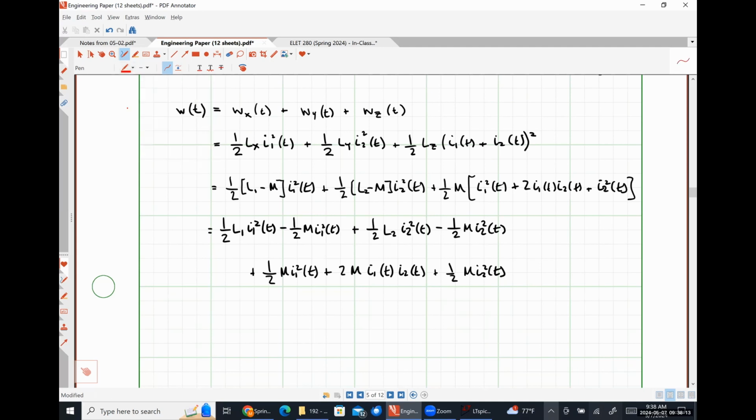So I have a negative 1/2 M I1 squared here and a positive 1/2 M I1 squared here. So that guy goes away.